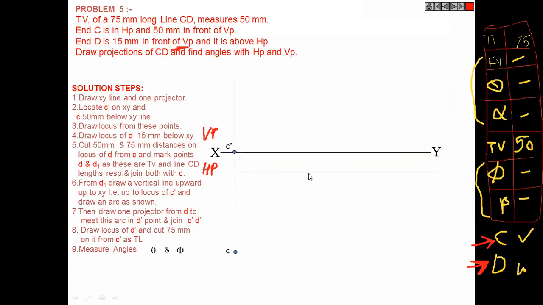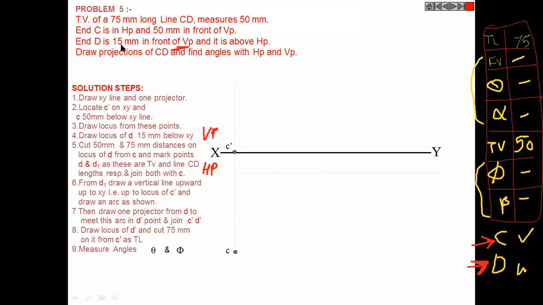So what we did, see here, a horizontal line is marked here. Can everyone see it? 15 mm away. This 15 mm offset, can everyone see?